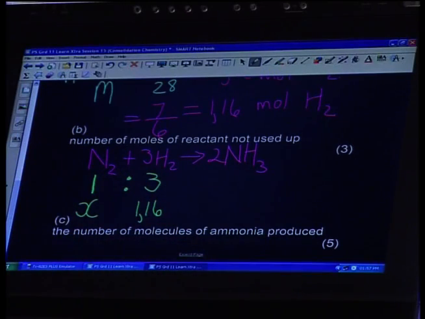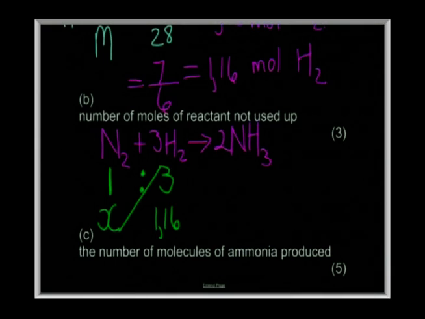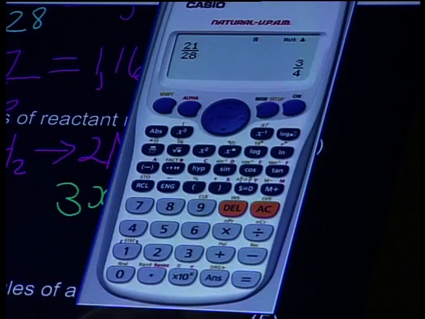So now I'm going to put an X over here. I'm going to calculate how much N2 I use, okay? And once I know how many moles of N2 I use, I can subtract it from how many I had in the beginning. So this is an easy way to solve most. So I'm going to cross multiply, and I'm going to say 3x is equal to 1.16. And I'm going to take out my calculator again.